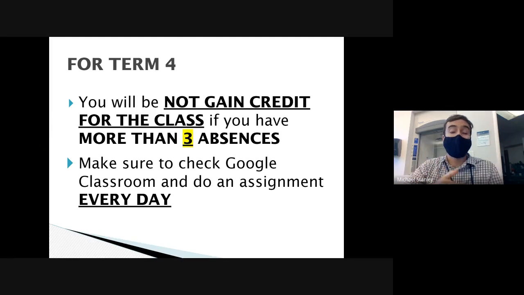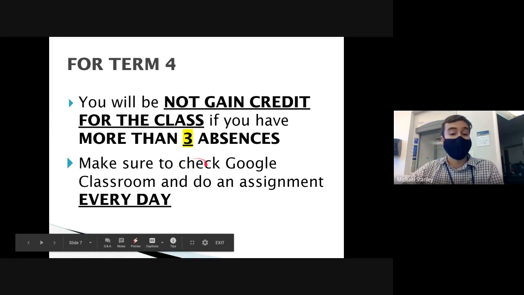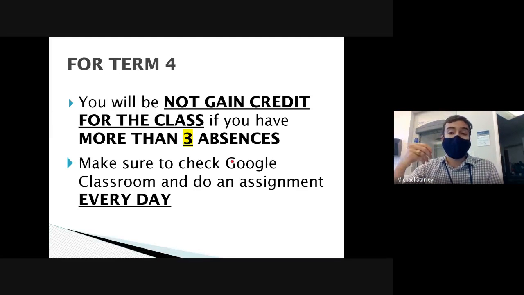So again, just make sure to come to the Tuesday, Thursday, 5 p.m. class as often as possible, and make sure every day you're logging on to your Google Classroom and doing one of those assignments. If it's getting really close to the end of the day, like it's 11:50 p.m. and you're just logging on for the first time, and you think that the assignment might take you a little while, you can also earn attendance just by texting or emailing me and saying, hey, Mr. Stanley, I'm working on this assignment late.